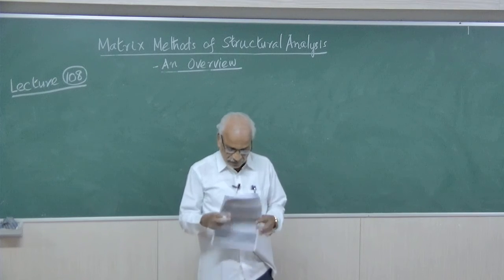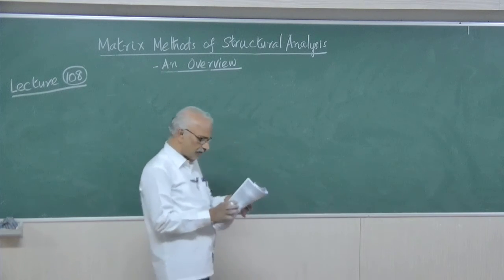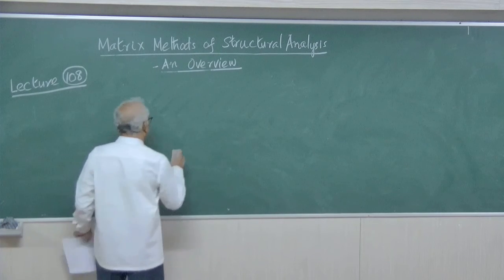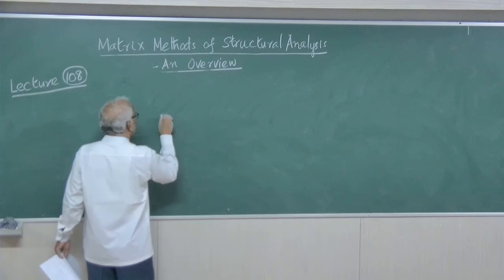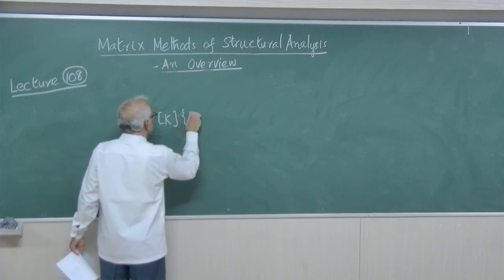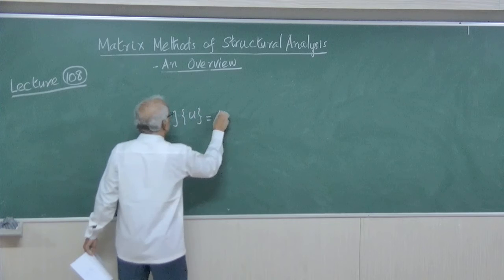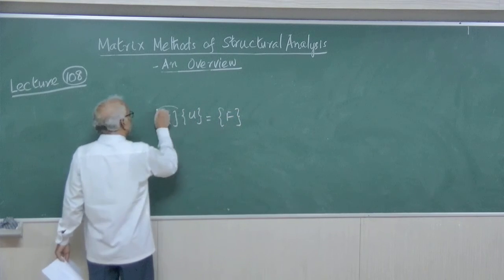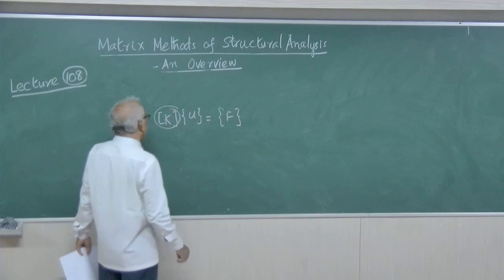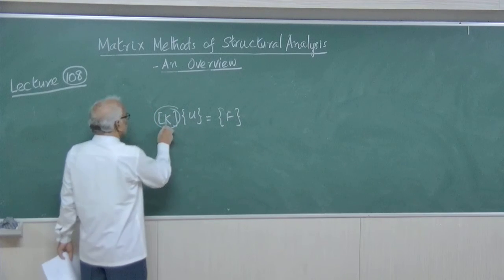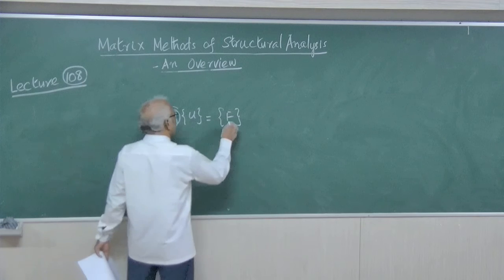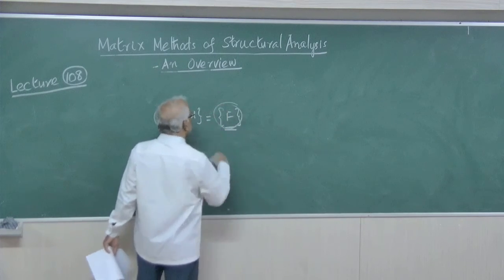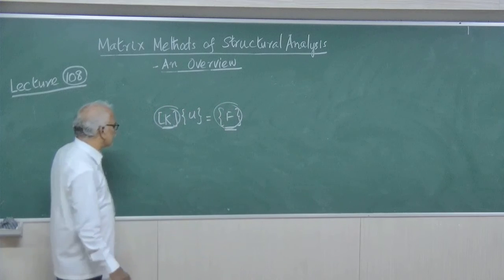And so the main point to concentrate on is the equation K into U equal to F. These are all forces for which we have discussed the basics just now. From the given forces, how to get the force vector, we will discuss.